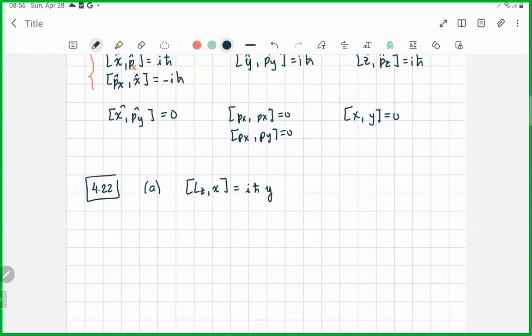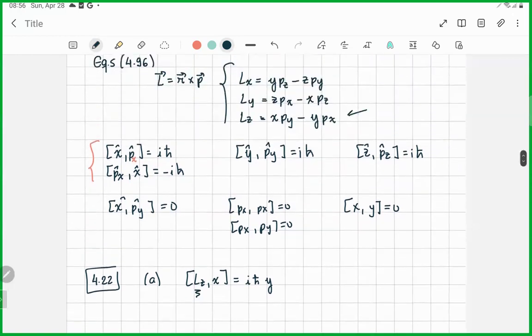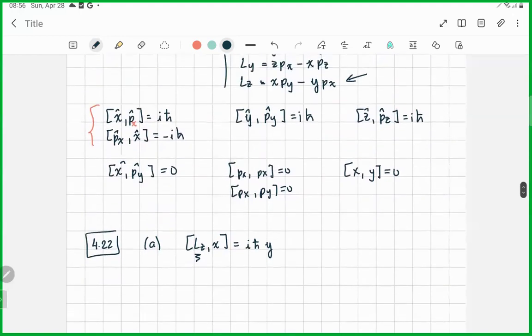Well, here in front, wherever I have LZ, I'm going to pick what we wrote here. Instead of LZ, I'm going to write X PY minus Y PX. And we have here X. Now, what's the next step?